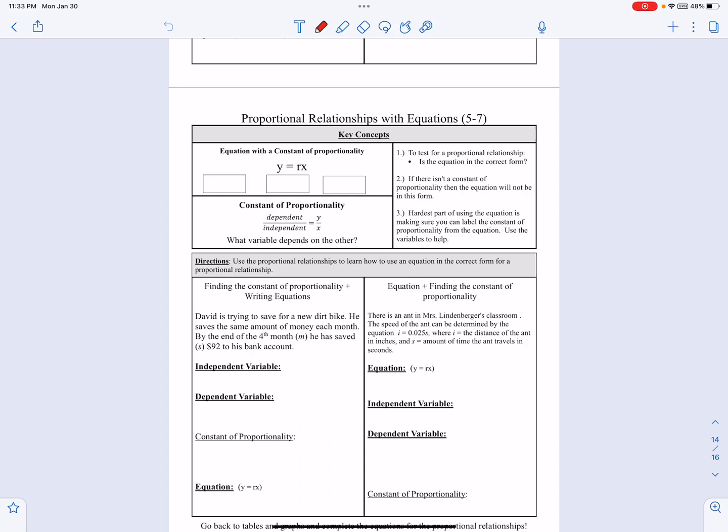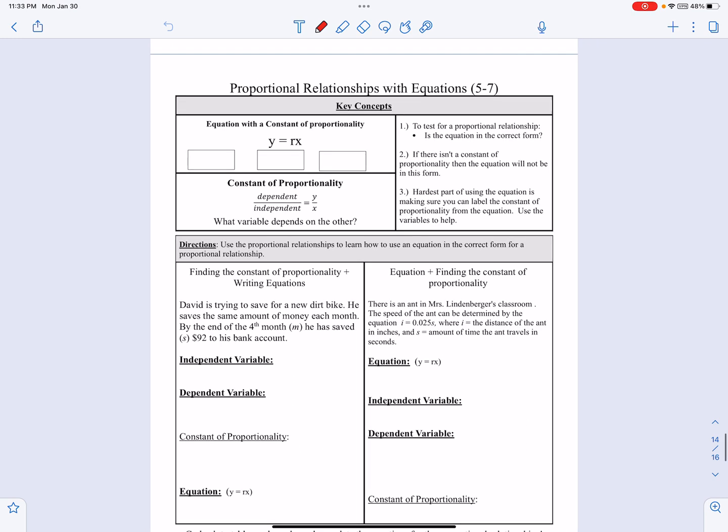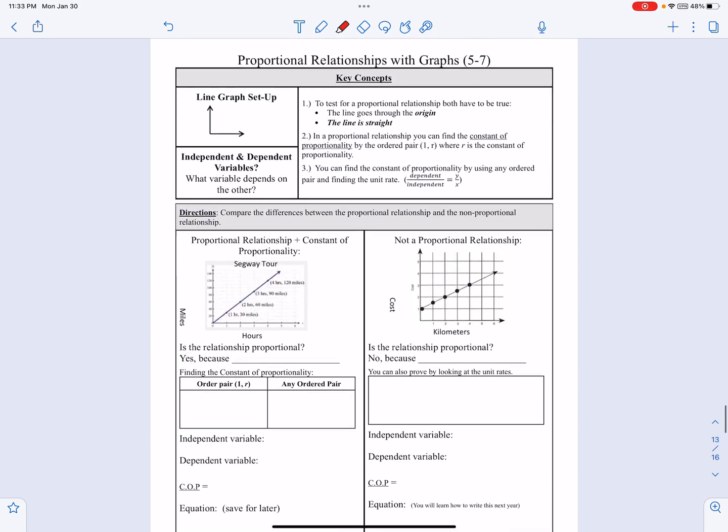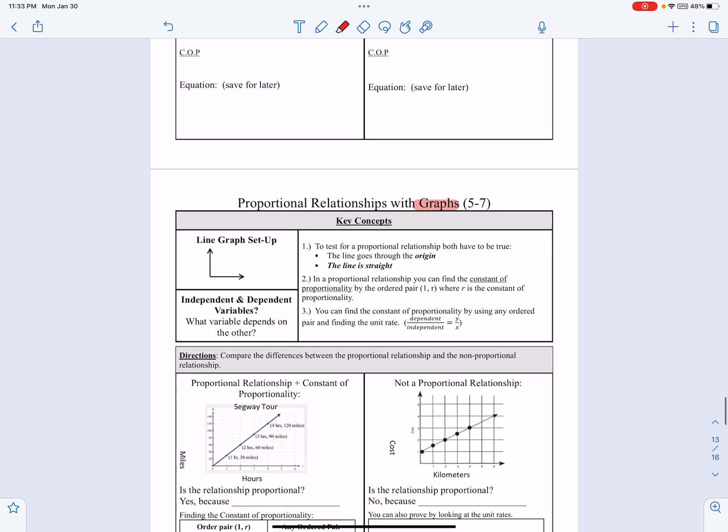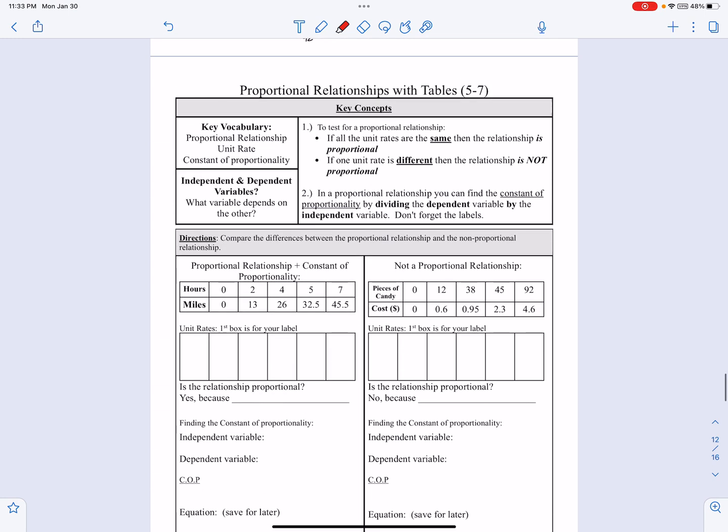All right, folks, let's go ahead and talk about proportional relationships with equations. We're actually going to be looking at all 3 pages of these notes today. And so we're going to be focusing on proportional relationships with equations, identifying those relationships with graphs, and also identifying those relationships with tables.